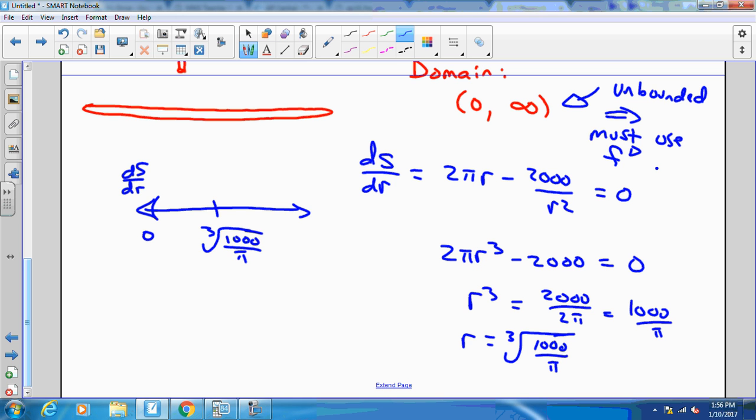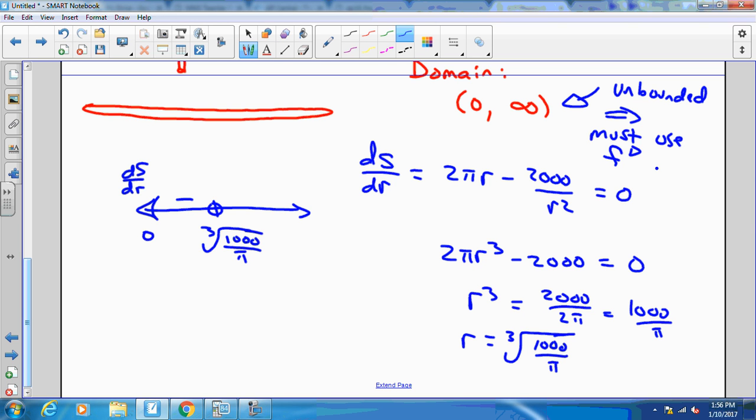So let me evaluate this by plugging in a value somewhere between 0 and the cube root of 1,000 over pi. Now I don't know what the cube root of 1,000 over pi is any more than you do, but I'm pretty sure it's bigger than 1, because 1,000 over pi is bigger than 1 and cube root, right? So let me try r equals 1. And when I plug that in here, I get 2 pi minus 2,000, which is definitely negative.